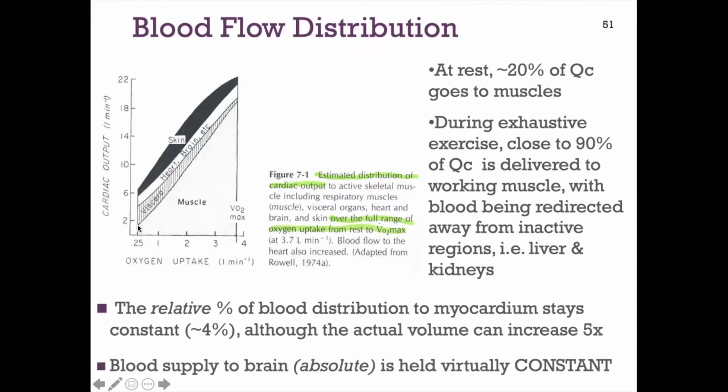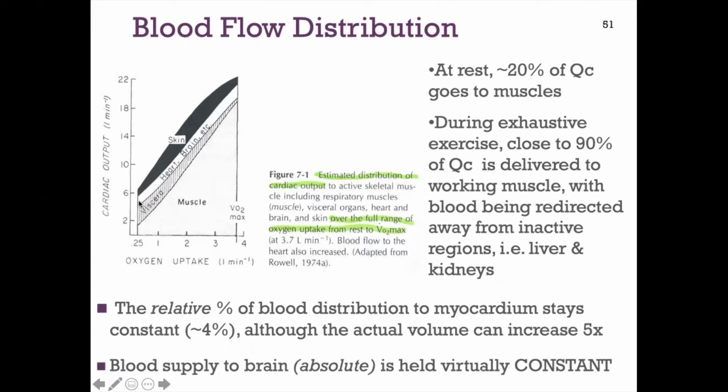So here, just taking a look, this is our oxygen uptake. This is how much workload we're doing, how much oxygen we're taking up going from resting up to a VO2 max. And this is our cardiac output and where it is going. About 20% of our cardiac output is going to the muscles. Our organs, our viscera, are getting this larger amount, right?